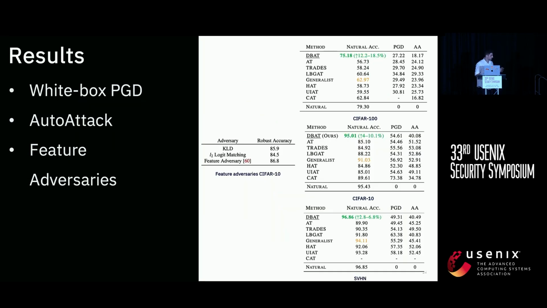Okay, some additional results. We tested DBAT against white box PGD, AutoAttack, and feature adversaries on CIFAR100, CIFAR10, and SVHN. Just a reminder, we don't try to beat the state of the art in robustness. We try to gain as much natural accuracy as we can while still achieving comparable and non-negligible robustness.